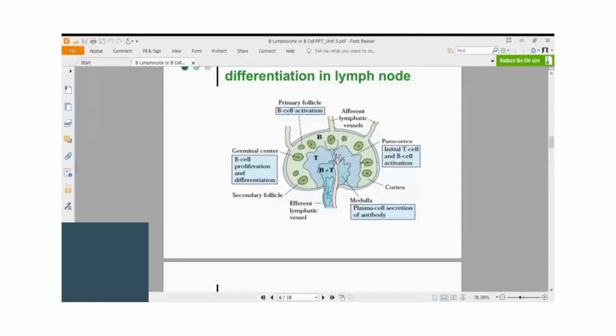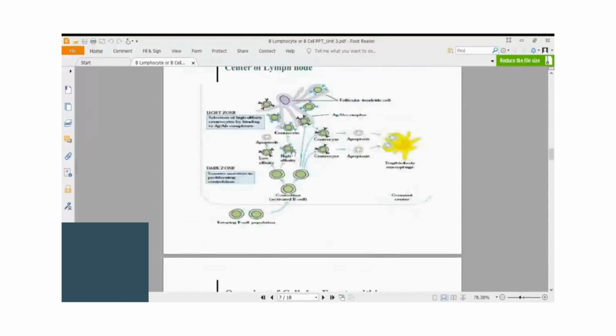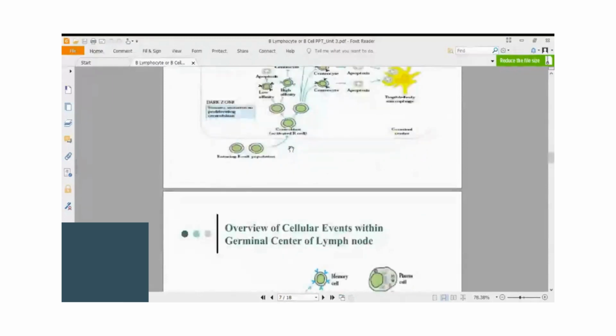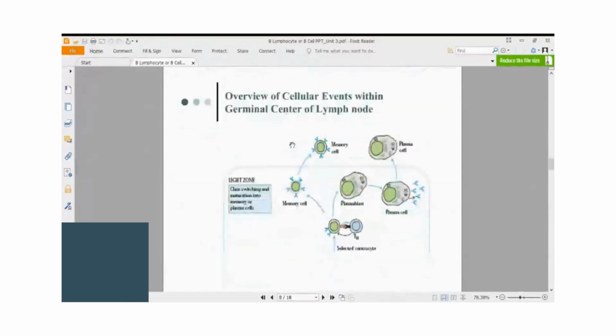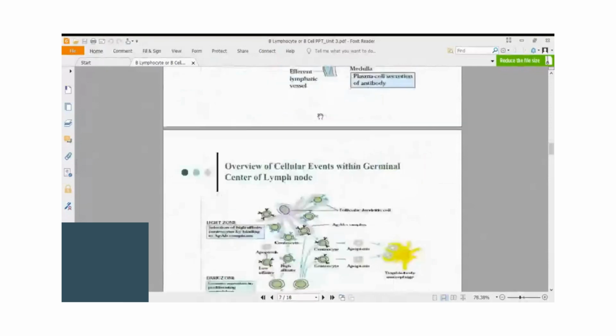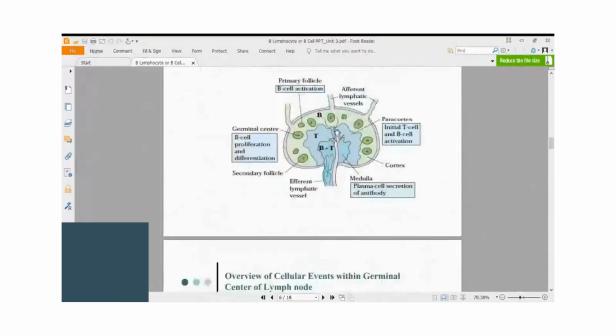Okay, and if the high affinity interaction has taken place with the foreign antigen, these cells, high affinity interacting cells, have to move to the area of the dark zone in the paracortex region, and in the paracortex region they must now establish contact with the T lymphocytes to acquire long-term immunity.